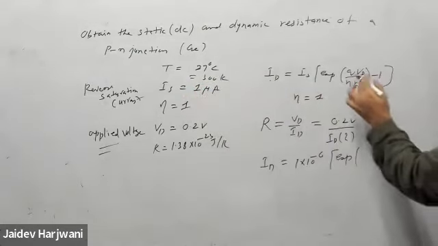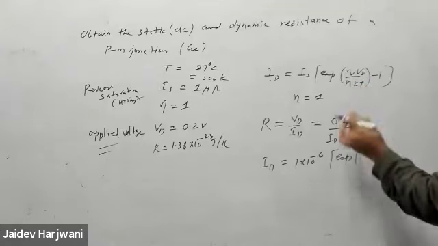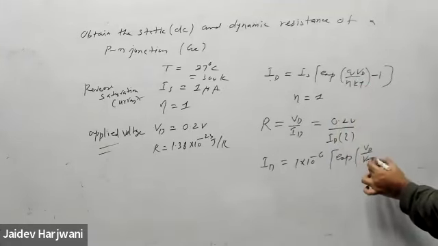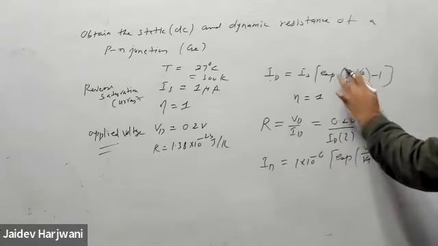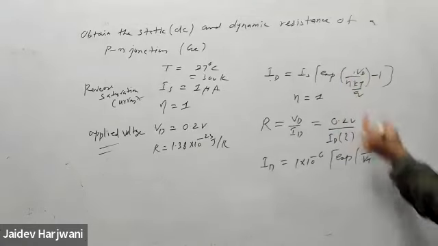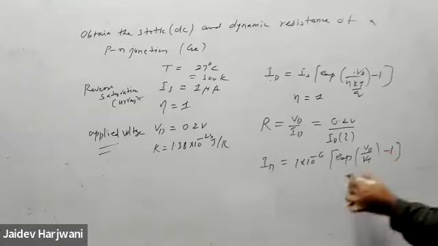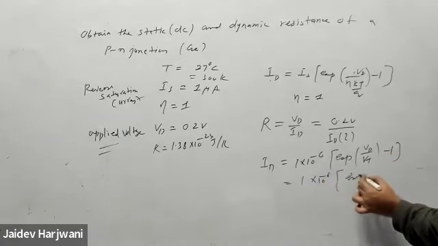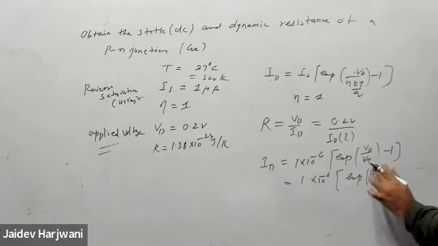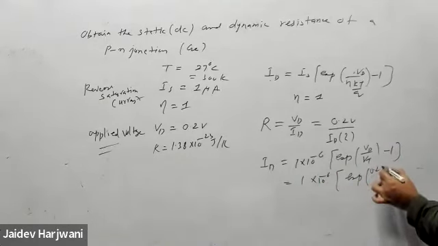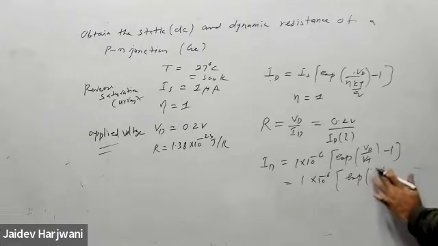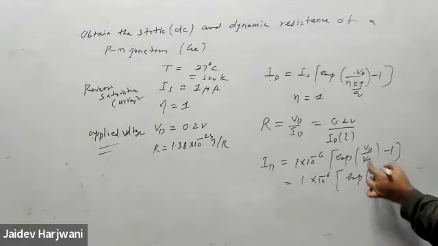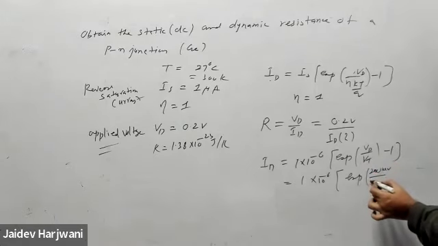You can take KT upon Q as VT, because this becomes VD upon VT. So this is 1 × 10^-6 exponential of 0.2 volt, or 200 millivolt, upon VT, which is 26 millivolt. For simplification, you can take 25.